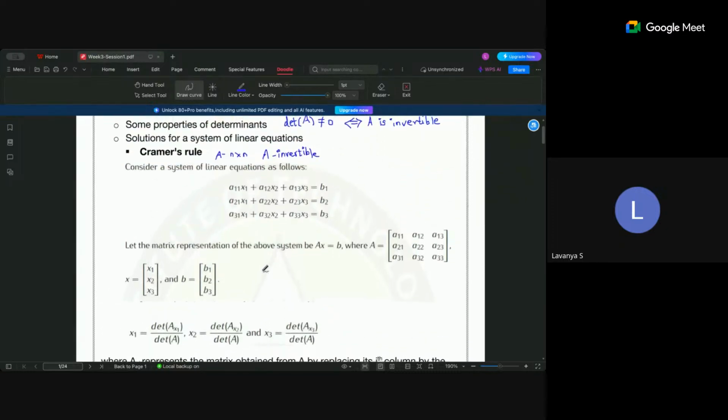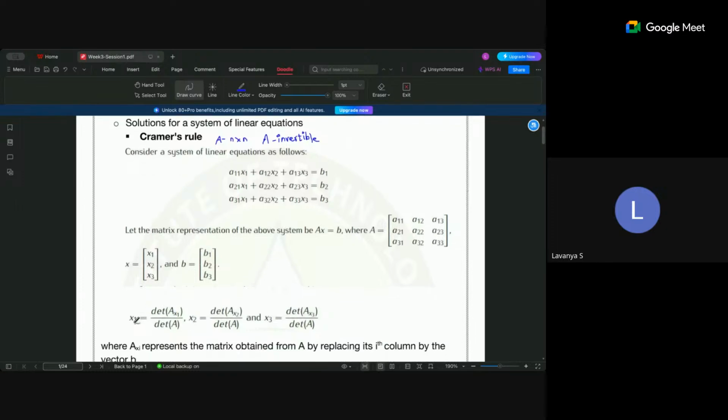Why do we get only one x1, x2, x3 with Cramer's rule? Can anyone tell? You have a system Ax = B. For this system, you know that it may or may not be consistent, and even if it is consistent, it may or may not have a unique solution.